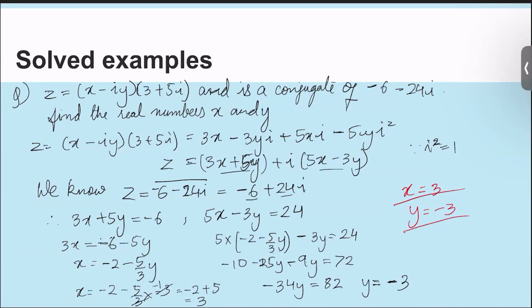And you can use the different properties that we have learned in complex numbers to answer such questions. A few of the examples are similar to the ones that have been solved, and they include a combination of different operations that can be done on complex numbers.